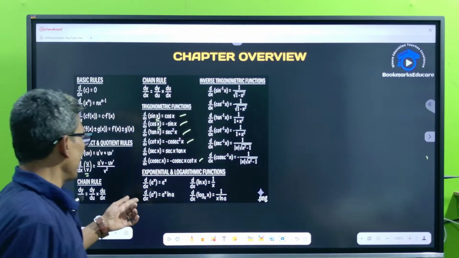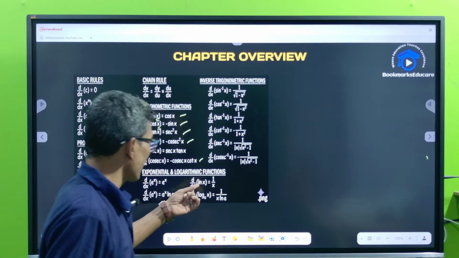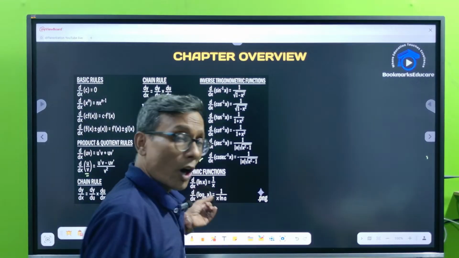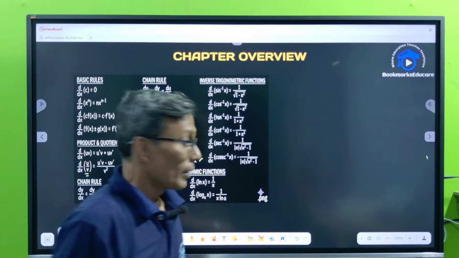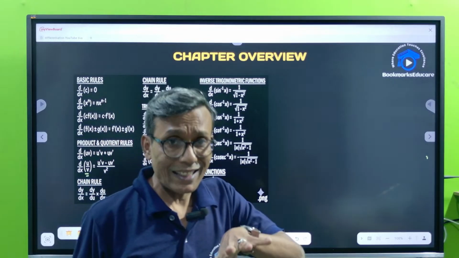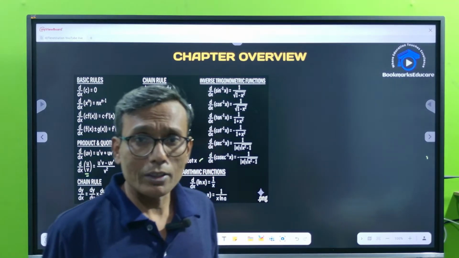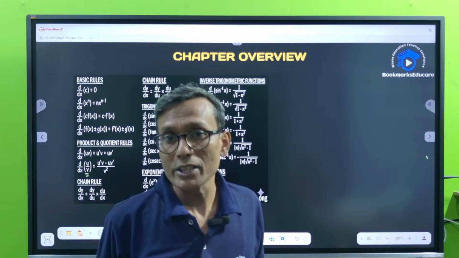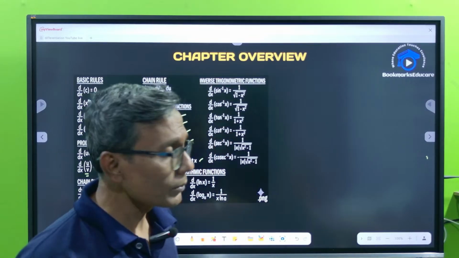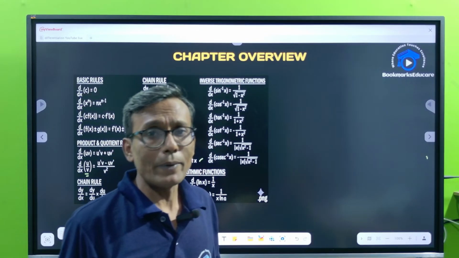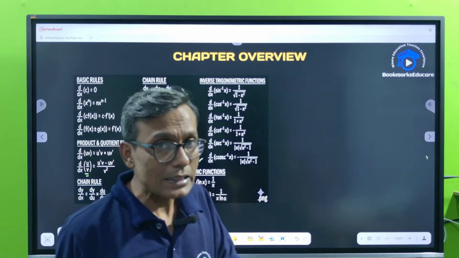Now d/dx of log x, ln x, that is log x to the base e. In calculus, always the Napierian logarithm is used. What is the Napierian logarithm? The logarithm in which the base is considered as e.